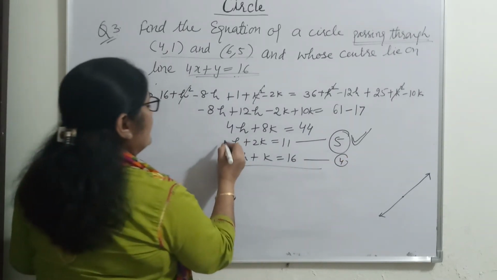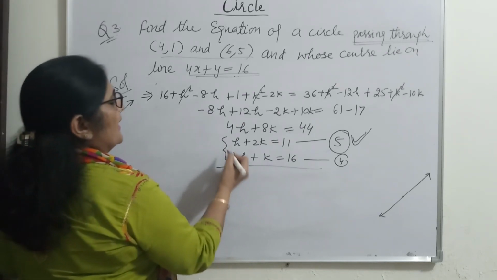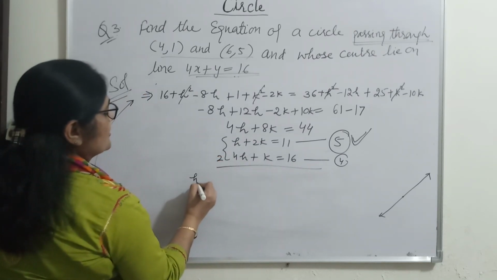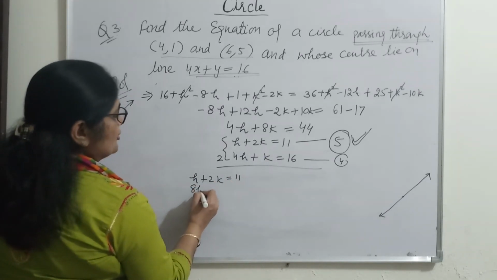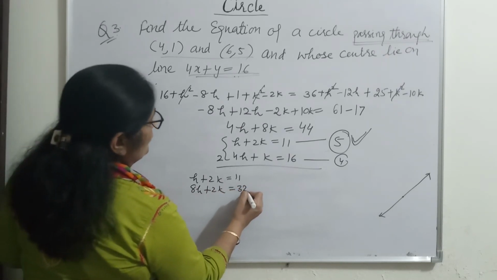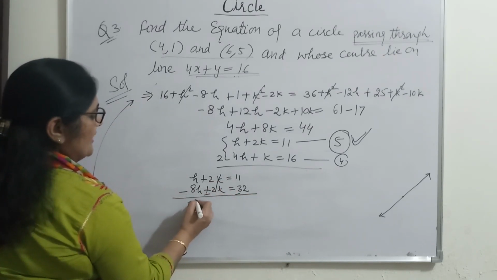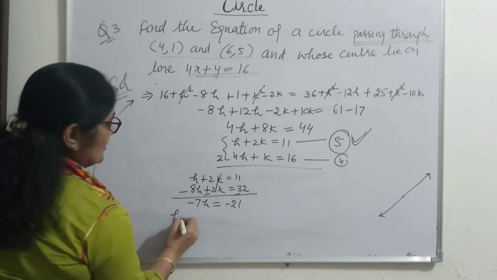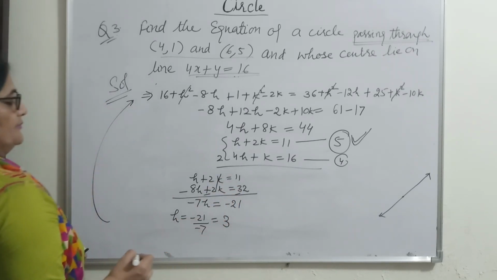To solve, equate coefficients: multiply equation 5 by 2. So h + 2k = 11 and 8h + 2k = 32. Subtracting, -7h = -21. So h is -21 over -7, so h is 3.